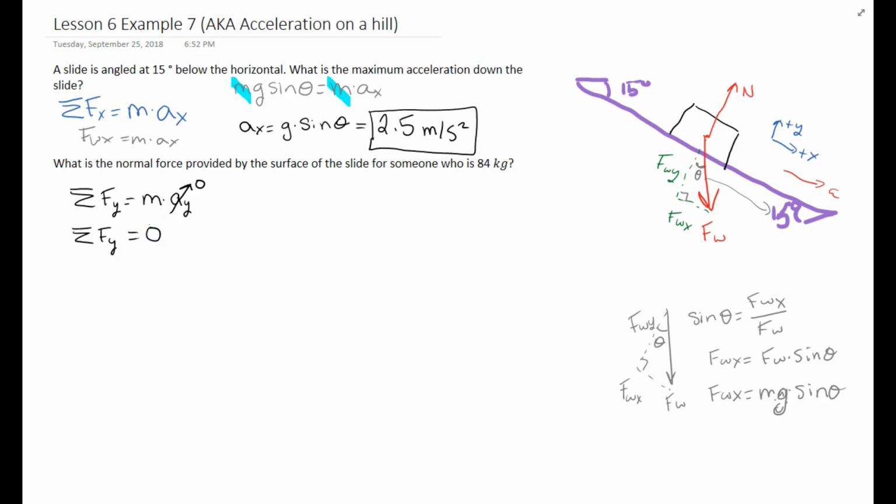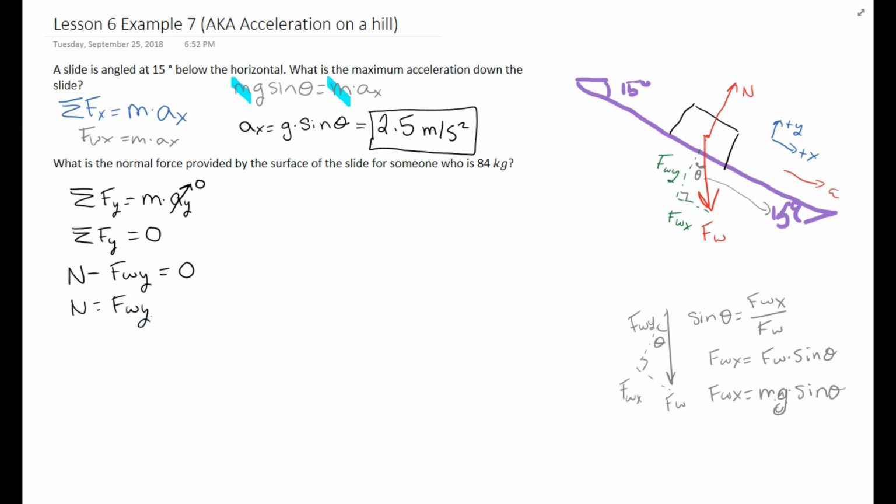Now I need to replace the left-hand side of my equation with my actual forces. Remember, any forces that are up we consider positive, any forces pointing down we consider negative. So my normal force up is positive, my force of weight in the y direction is down, considered negative. So normal force minus force of weight y is equal to 0, so my normal force is equal to force of weight in the y direction.